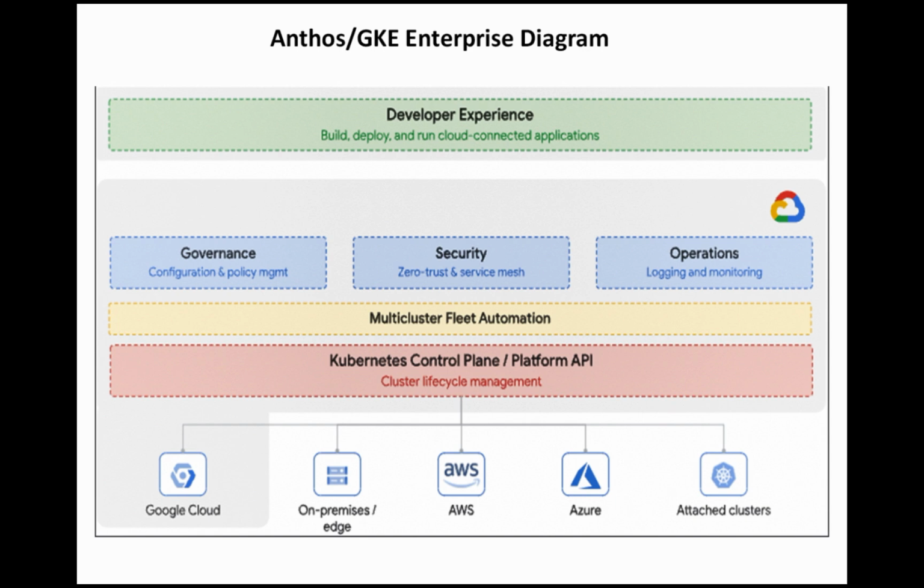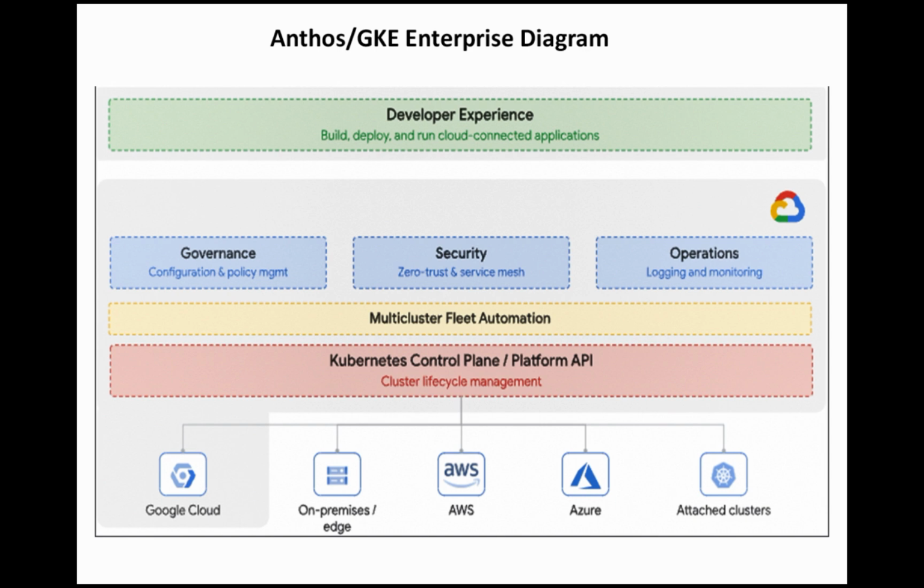The one key thing about ACM is that the single source of truth would be your Git. It could be GitLab or GitHub, but the single source of truth is the Git where you maintain all your configurations, and you sync them to all the clusters which are part of the fleet.